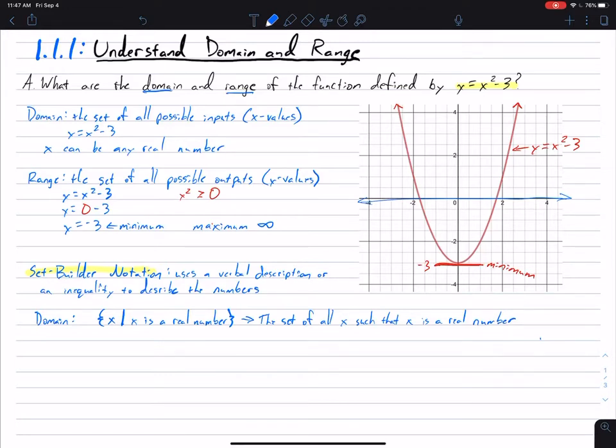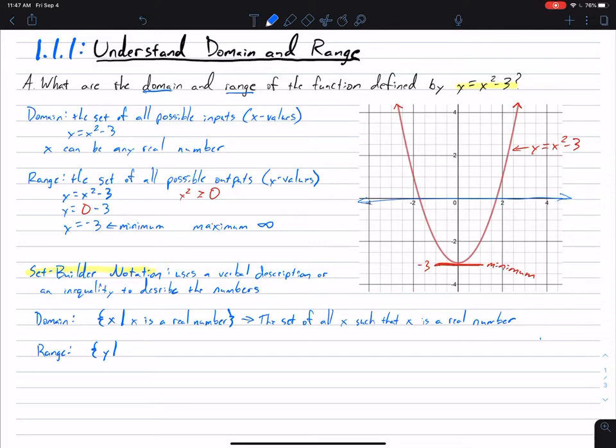Now my range will apply the same idea, the same set builder notation. My range in this case is going to be y this time, with that same absolute value bar. Remember, we were allowed to use verbal descriptions, like x is a real number, or we can use inequalities. Well, what do we know about y?